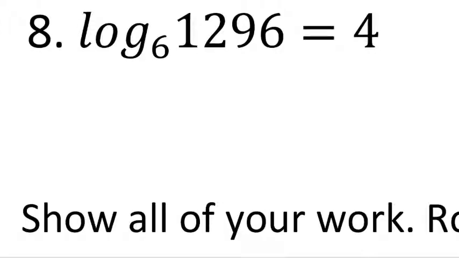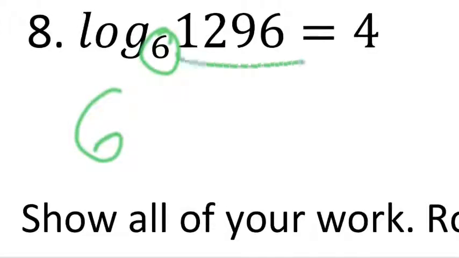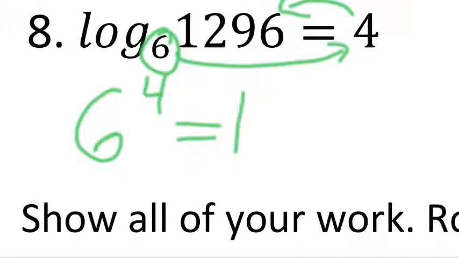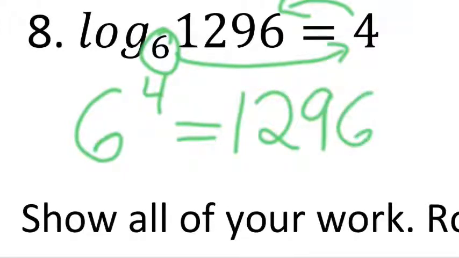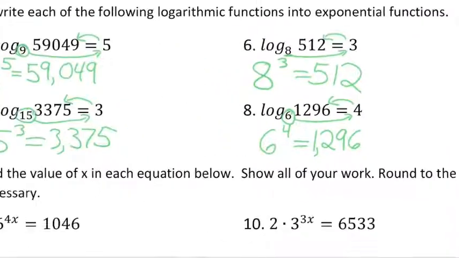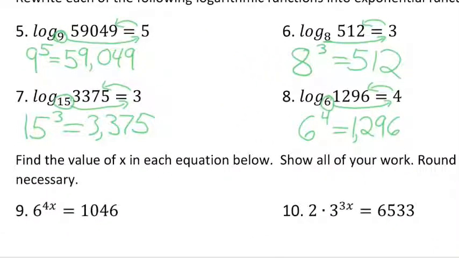And 8, again, base is the first thing we do, so 6. Whatever it was equal to, which was 4, is in our exponent, and then we're going to make it equal to whatever's left, which was 1,296. And there are the examples of taking our log form and turning it into our exponential forms.